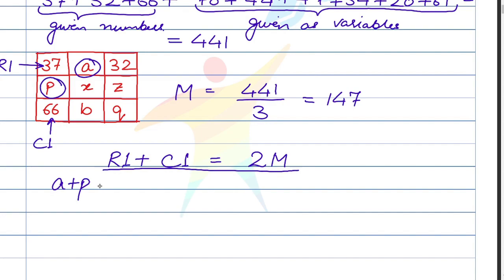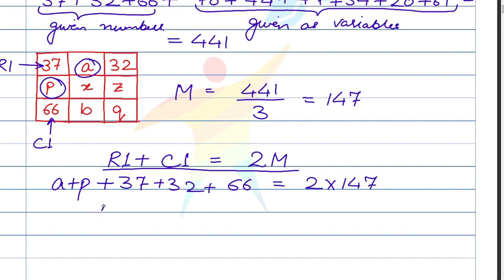So add all the elements of row 1. A plus B I have already written from row 1 and column 1. So I am adding all the other numbers also. This gives me 2 times the magic sum.